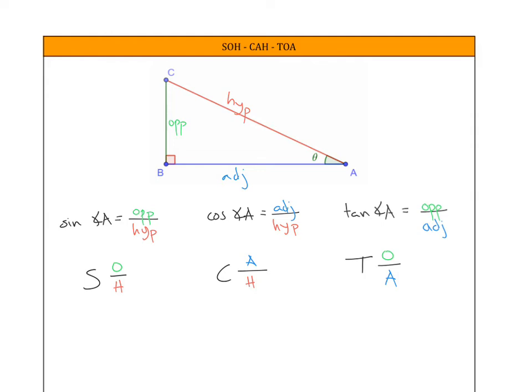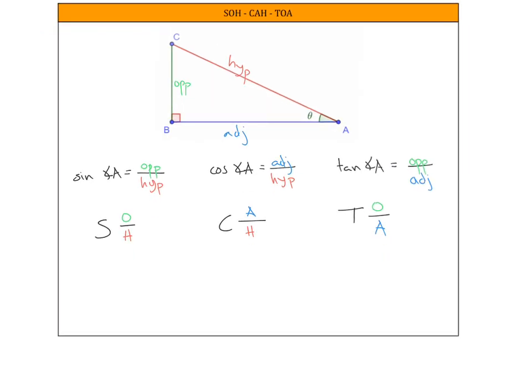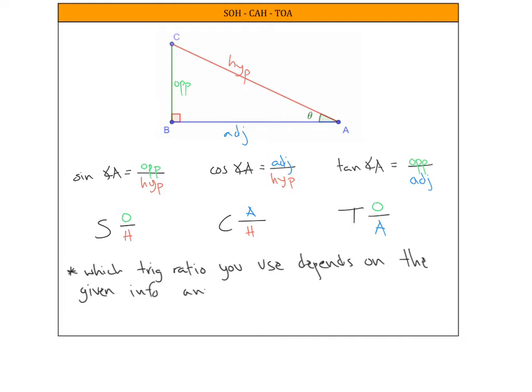And then one other thing that I want you to keep in mind is that it can be confusing as to which one do we use. So I'm going to make a note here and then we will refer back to it a little bit later. Which trig ratio you use depends on the given info and what you're solving for.